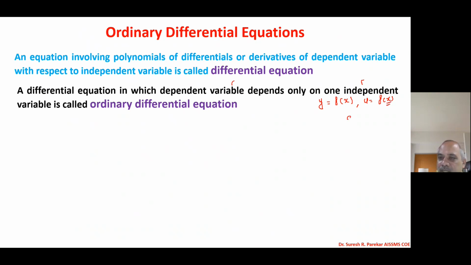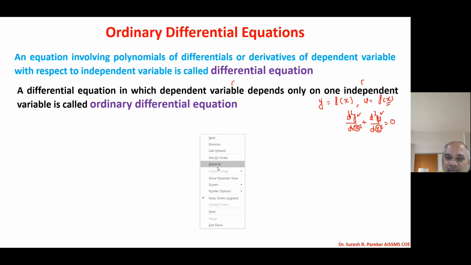So we can have d2y by dx square plus dy by dx plus d2u by dx square equal to 0. The dependent variables are y and u, but the independent variable is only x. So when we have one independent variable and more than one dependent variable, that equation we are going to say is an ordinary differential equation.